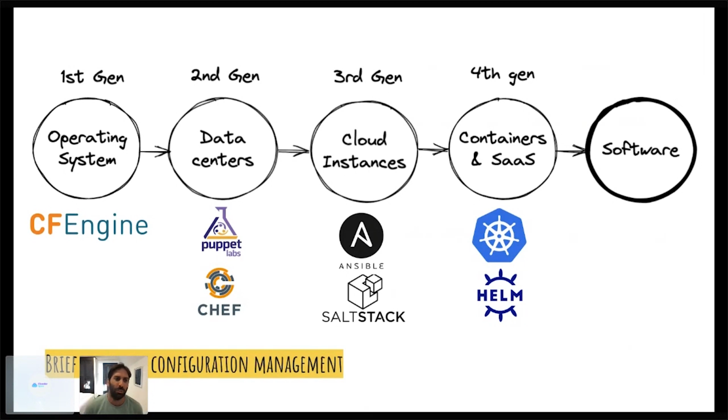The first generation of configuration management started in the 90s with CF Engine, which introduced the declarative versus imperative approach. Before CF Engine, all Unix machines were configured by shell scripts. If the shell script failed for some reason, it would have to continue from where it stopped, because you might not want to delete again something that you just created.